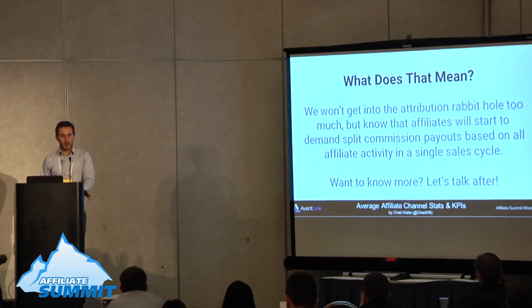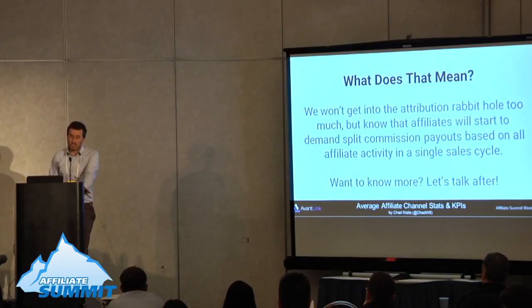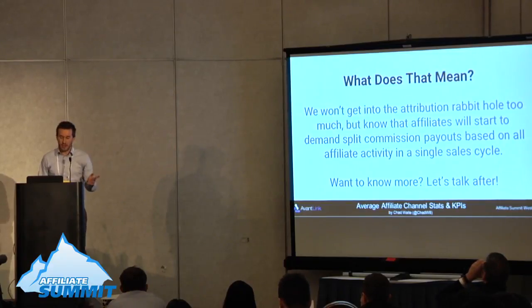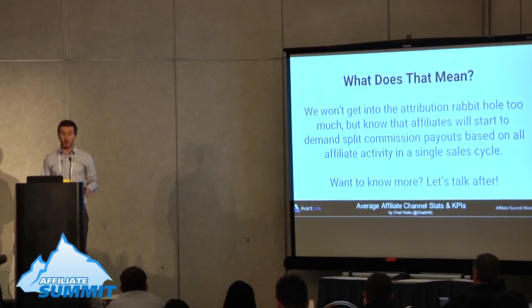Just know that affiliates in the next probably 4 or 5 years are going to start to demand that commission splits be in place and start to award every single affiliate that's involved in a sales cycle. The last couple of years, I've actually done sessions on dynamic commission splitting and attribution as it applies directly to the affiliate channel. And we're at the beginning of a major paradigm shift in the affiliate space.